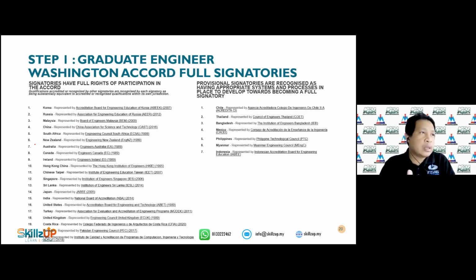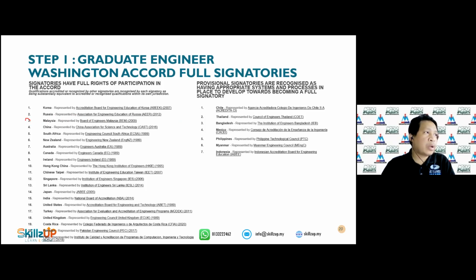Some are still provisional, for example, if you have a degree from Chile, Thailand, Bangladesh, Mexico, and the Philippines, it is accepted for registration as a graduate engineer, but the Board of Engineers will require you to submit more evidence, especially regarding the subjects that you took during the degree course. And this is very clear.